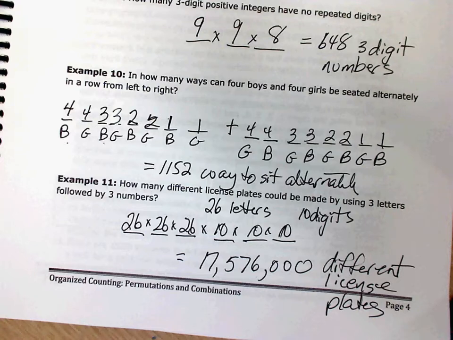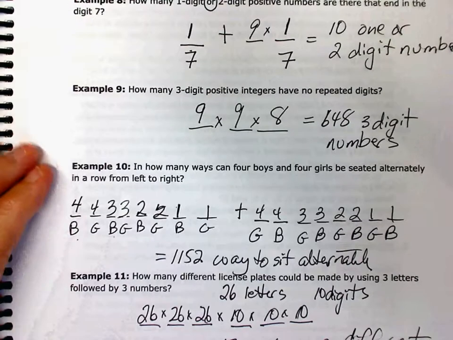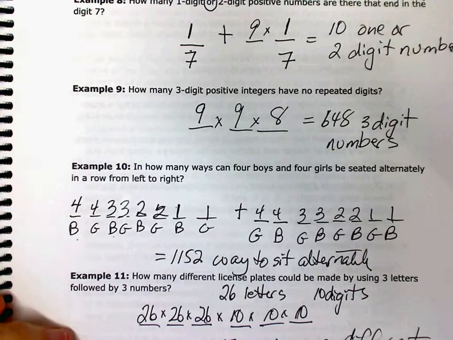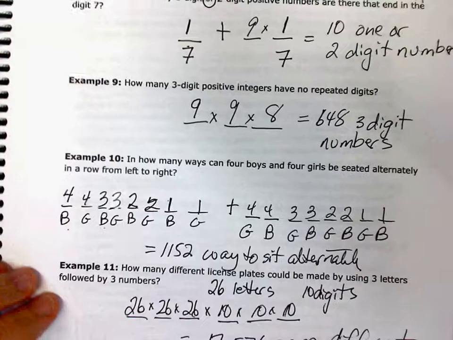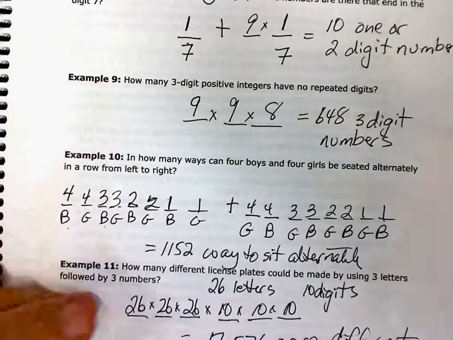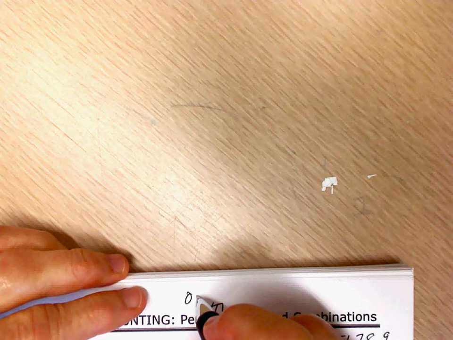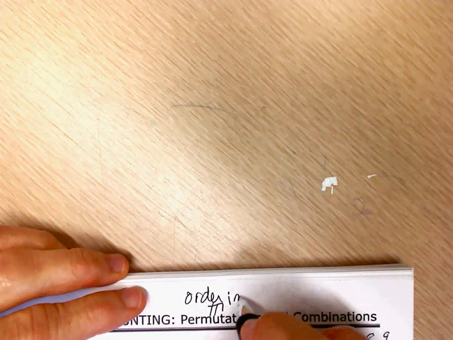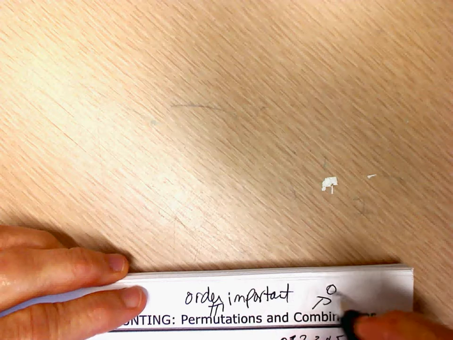I think you can see these are examples where order makes a difference. A different order means the number of outcomes is greater than if order is not important. In permutations, order is important, and this is order not important.